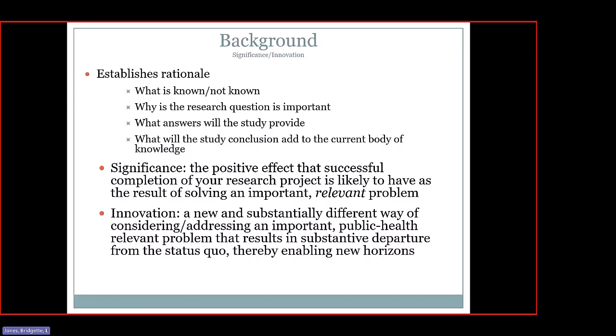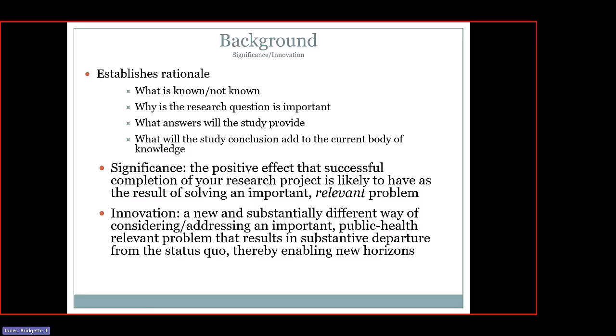In grant applications, this is often broken down into the significance and innovation section. If you're writing an IRB protocol, it'll usually be just a general discussion section. But in grant applications, the significance is considered the positive effect that successful completion of your research project is likely to have as the result of solving an important and relevant problem.